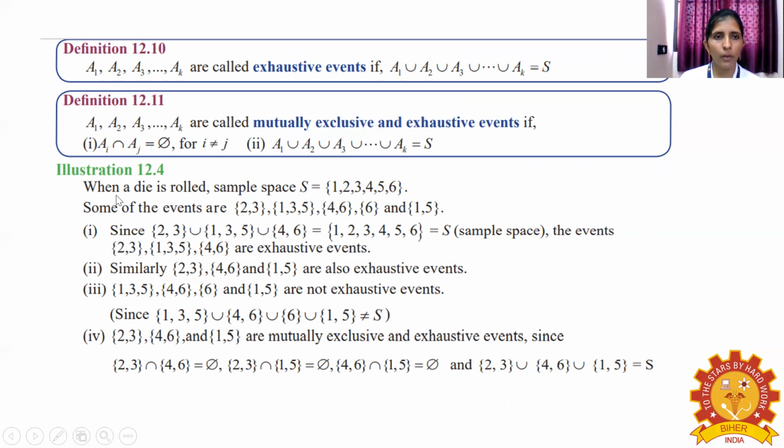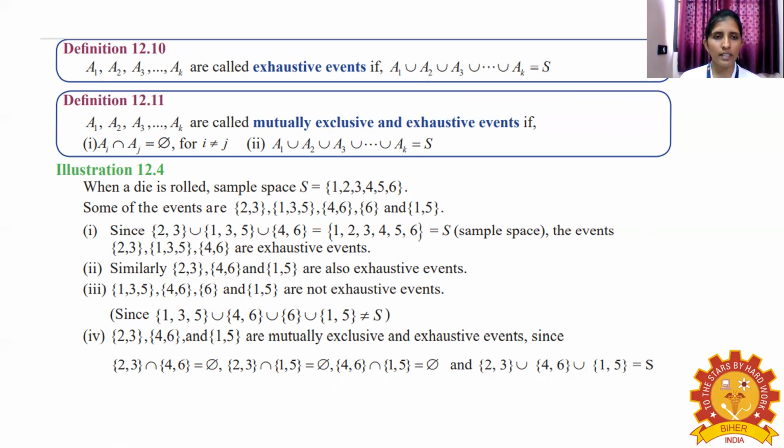Say for example, when a die is rolled, as we already know, the sample space would be {1, 2, 3, 4, 5, 6}. Some of the events specified are {2, 3}, {1, 3, 5}, {4, 6}, {6} and {1, 5}. From this given subset, we have to find which is an exhaustive event, which is not, and which is mutually exclusive and exhaustive.